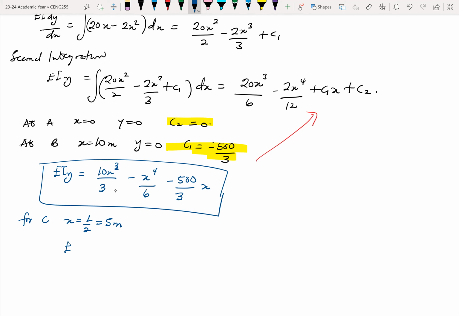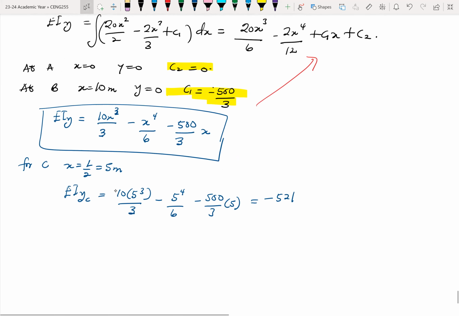So to find the deflection at C, it becomes 10 times 5 cubed over 3 minus 5^4 over 6 minus 500 over 3 times 5. And this should give us minus 521.